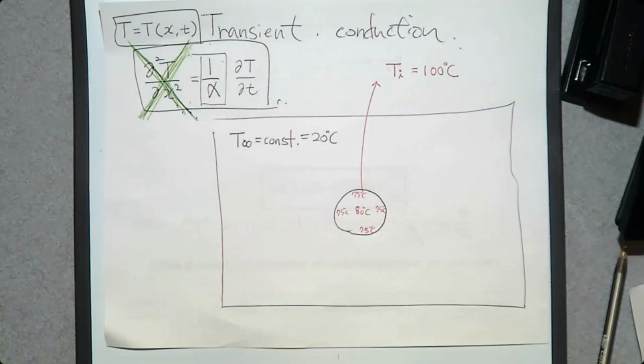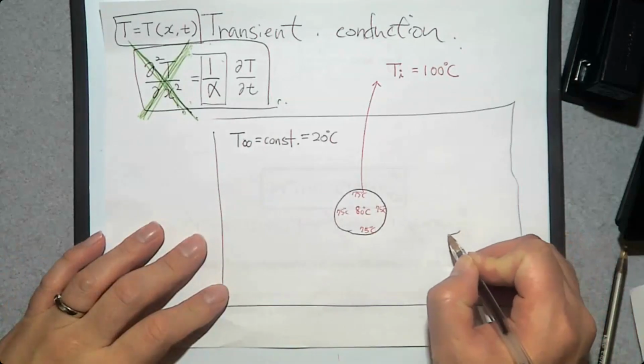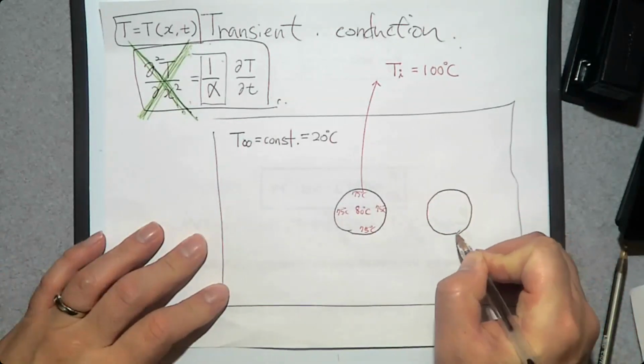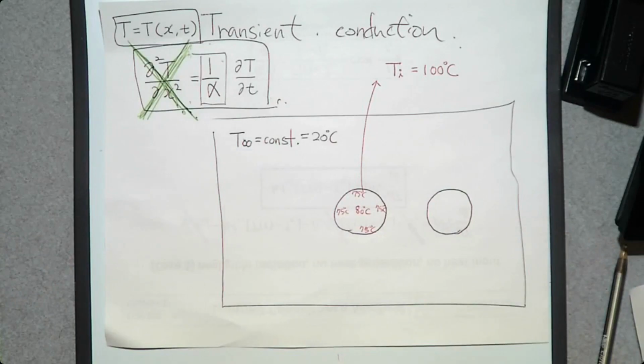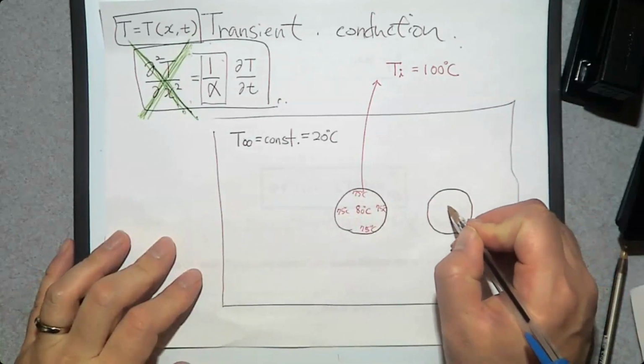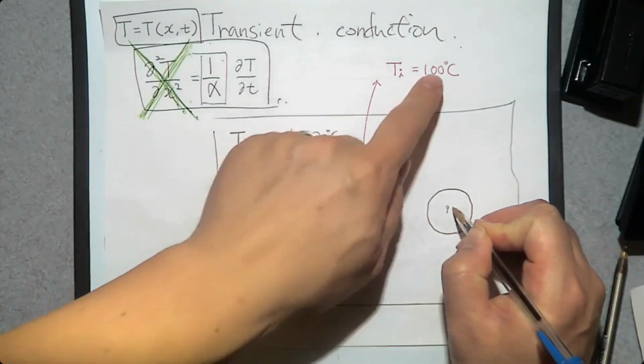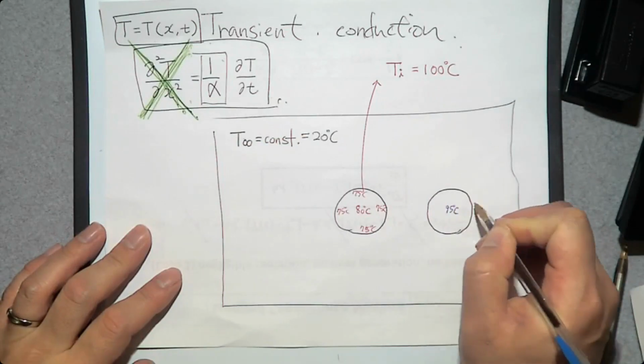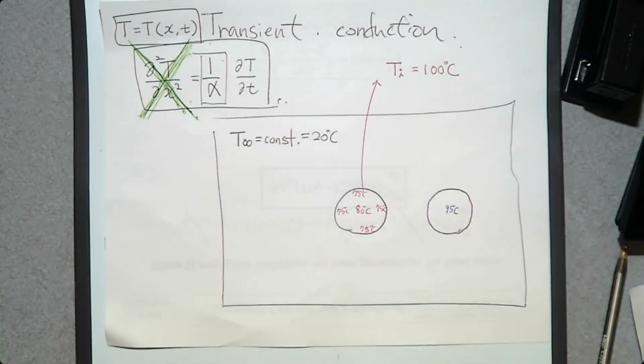On the other hand, we can have another solid whose conduction heat transfer is not that good. Then there should be a significant temperature difference between the center of the solid and the surface of the solid. So in that case, instead of 80 and 75, we can say the center is still near 100 degrees Celsius, let's say 95, but the surface is going to be at a much lower temperature because of the heat transfer from the surface to the surroundings.